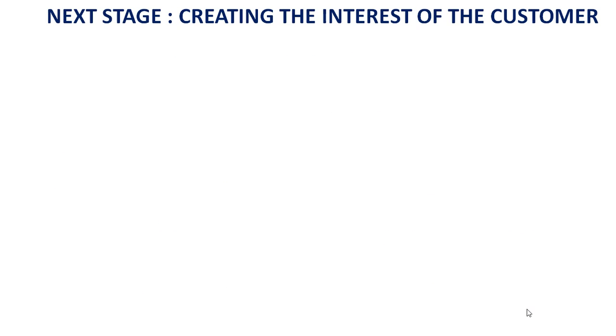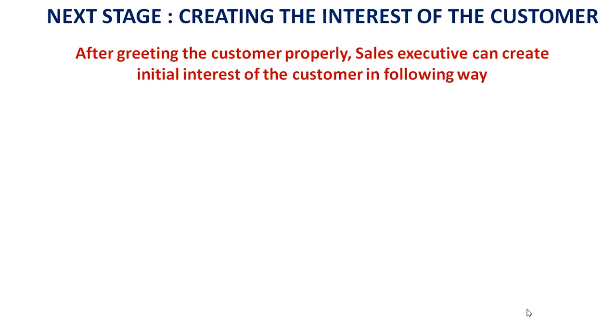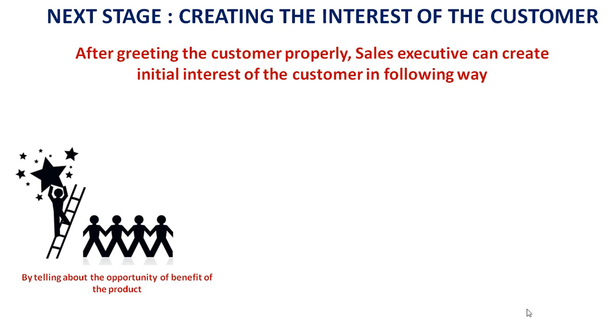Well, the next stage, after preparing, is when the sales executive reaches the customer. Just after reaching, for the initial few seconds or for one or two minutes, the sales executive has a great chance to create interest in the customer. So after greeting the customer properly, the sales executive can create initial interest in the following way: by telling about the opportunity and benefit of the product.